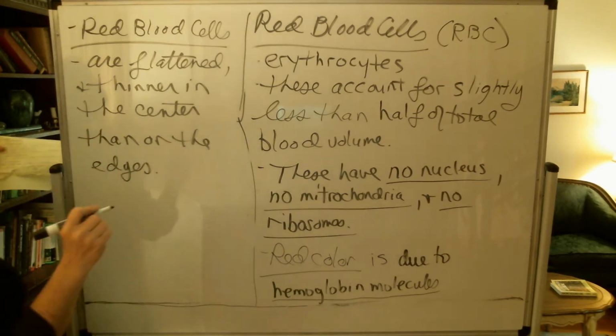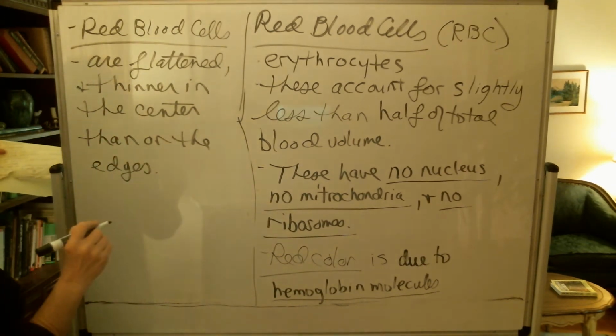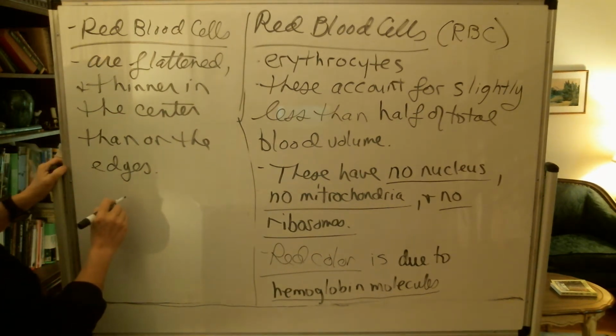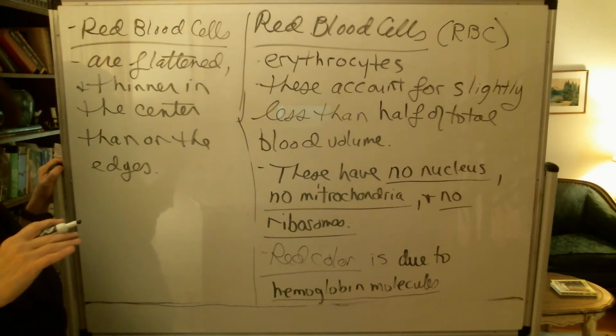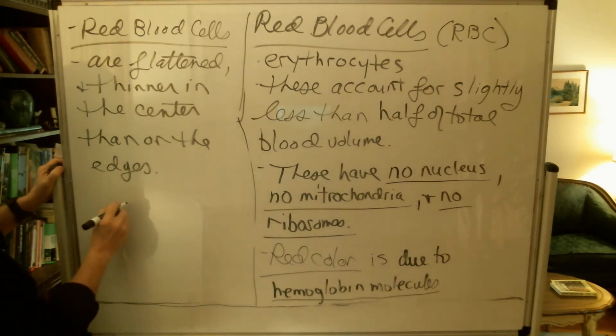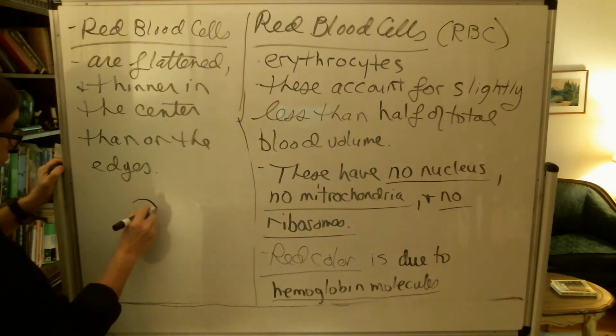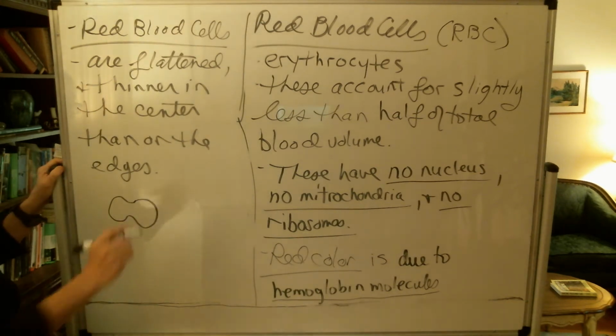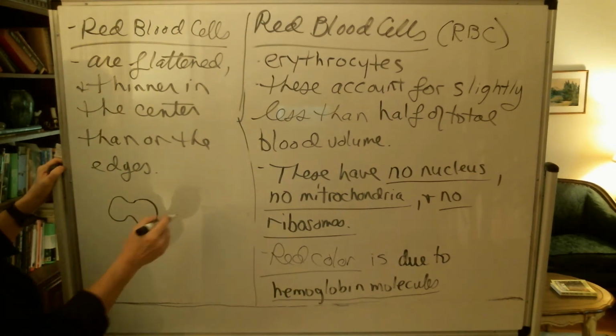So what did I mean by that? What I mean is that if you were to look at a red blood cell from the side, you would see something, I'm exaggerating it, but you would see something that looks like this. It looks like a snow tube, basically, seen from the side.